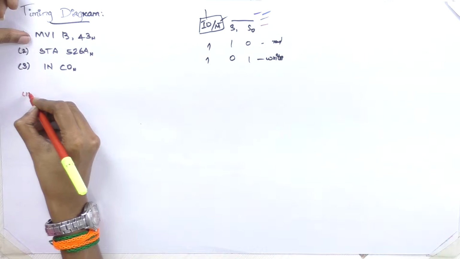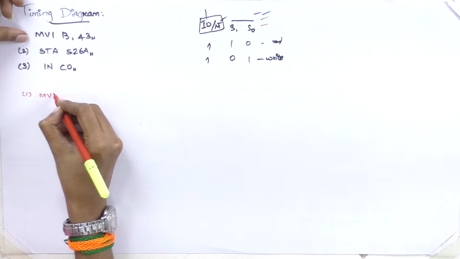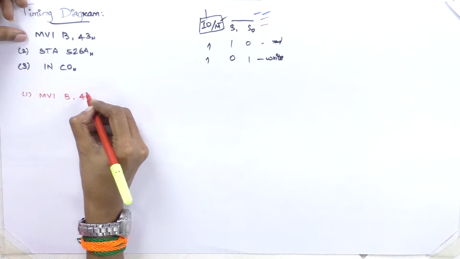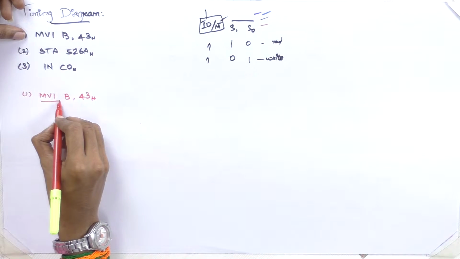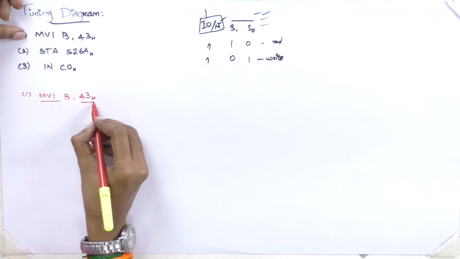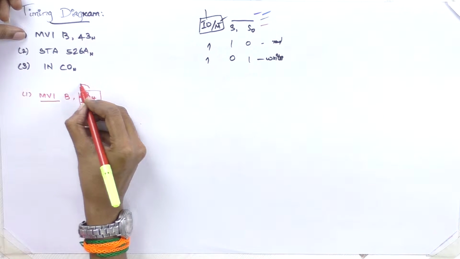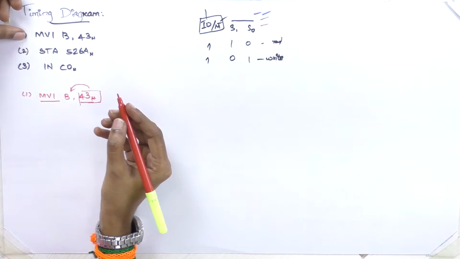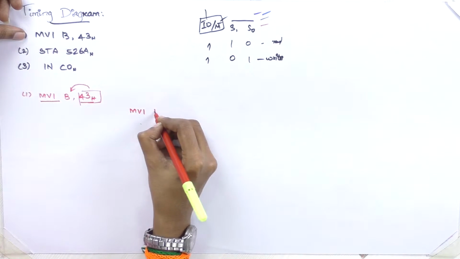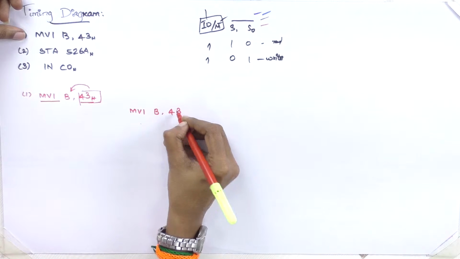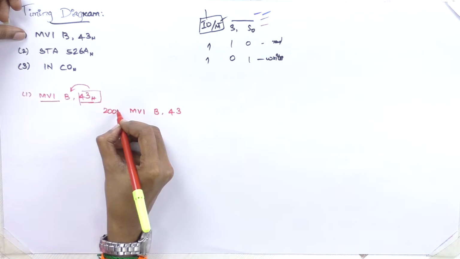So what this instruction MVI B, 43 means is nothing but move immediate. You have to move the immediate value 43 to the register B. Okay. So consider the memory address of this instruction is 2000.